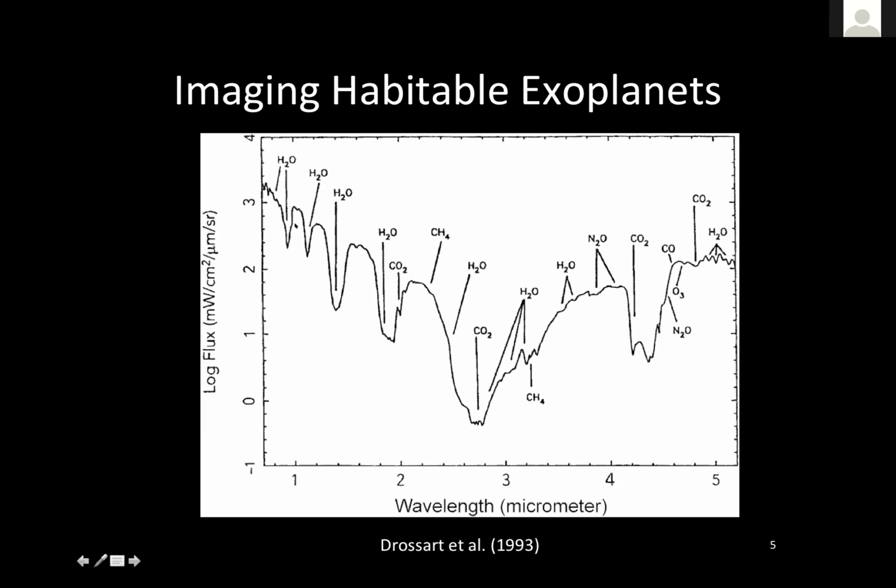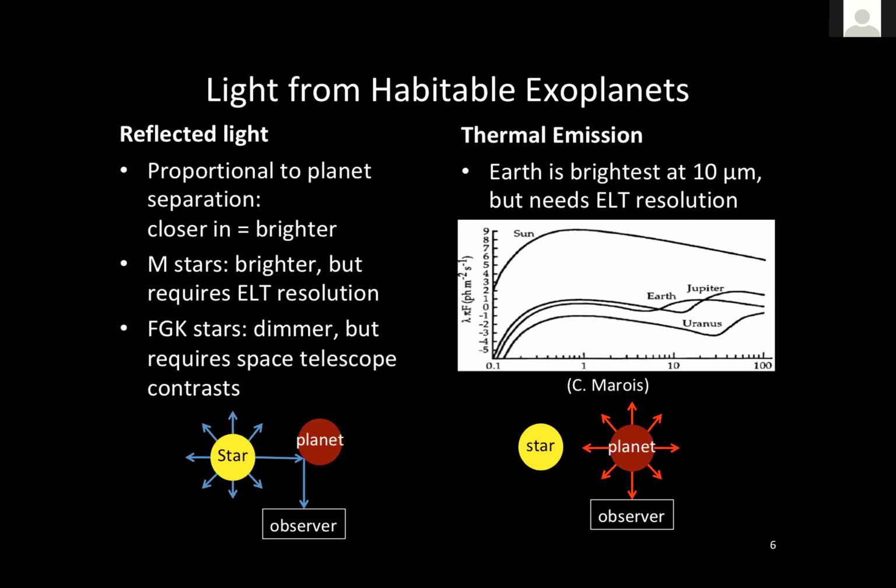As you can see, there's not just one molecule that indicates habitability in Earth's atmosphere. So that's a nice benefit of direct imaging, that we'll be inherently getting a spectrum through the technique moving forward.